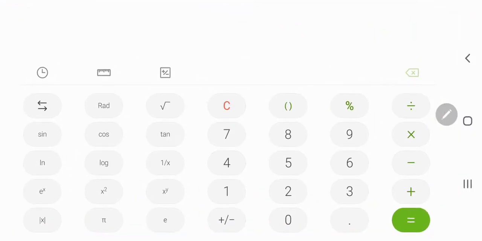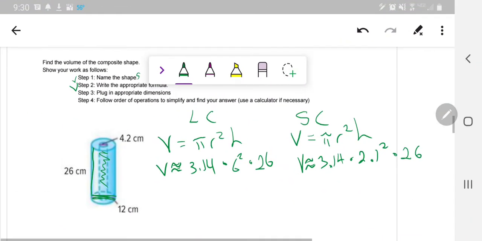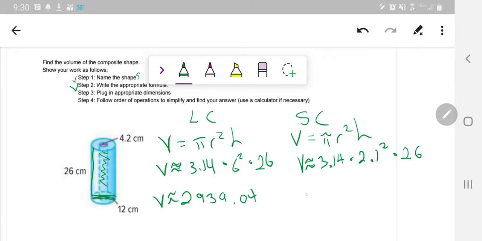Now we're going to ask our calculator for some help. First one we're going to do is 3.14 times 6 times 6 times 26, and that gives us 2,939.04 as the volume, approximately.